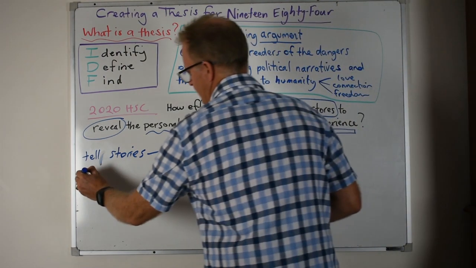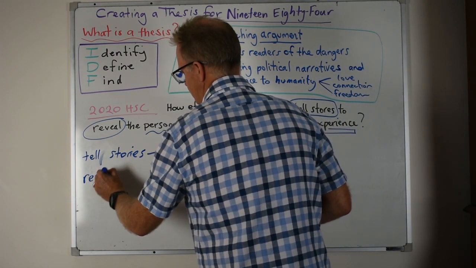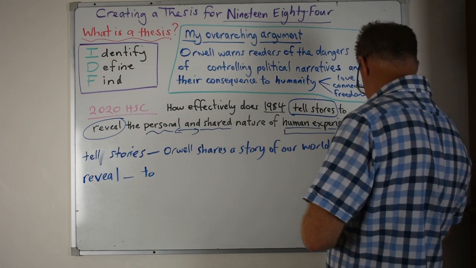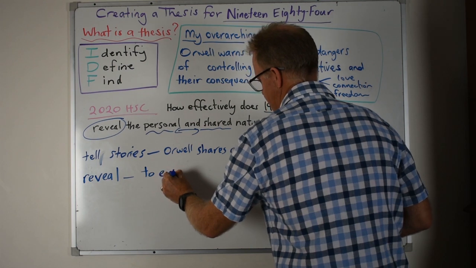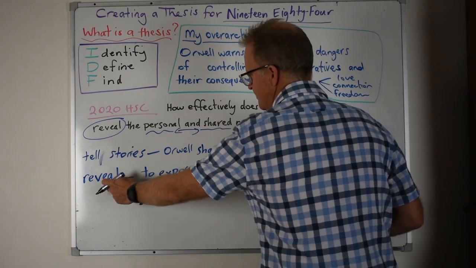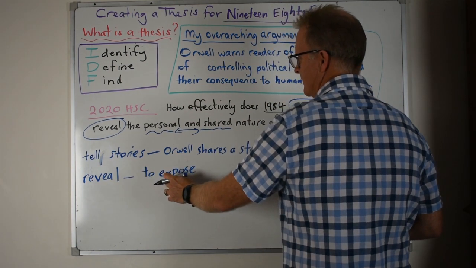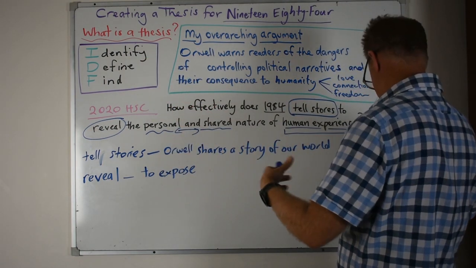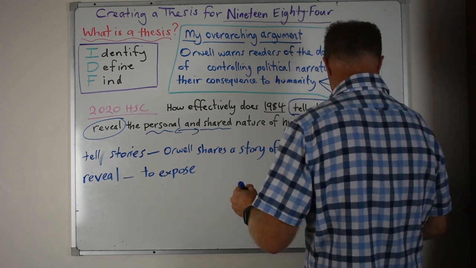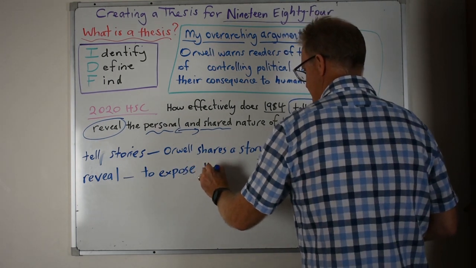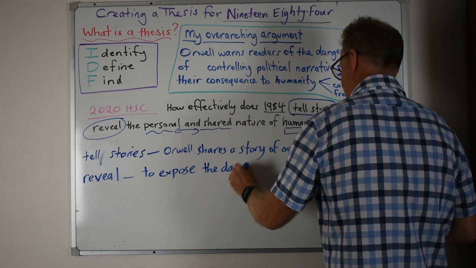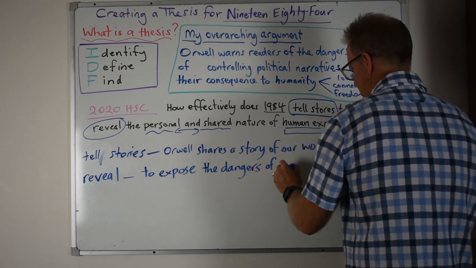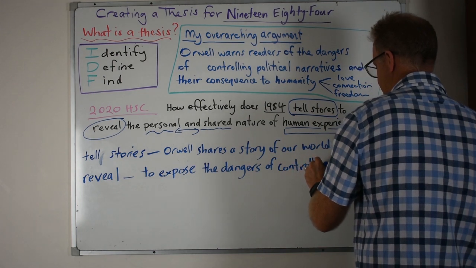And then we get to reveal. So he shares a story of our world to expose the dangers. So instead of using the word reveal, I'm saying that they're exposing. I'm defining it as that's what it's revealing. Expose the dangers of controlling political narratives.